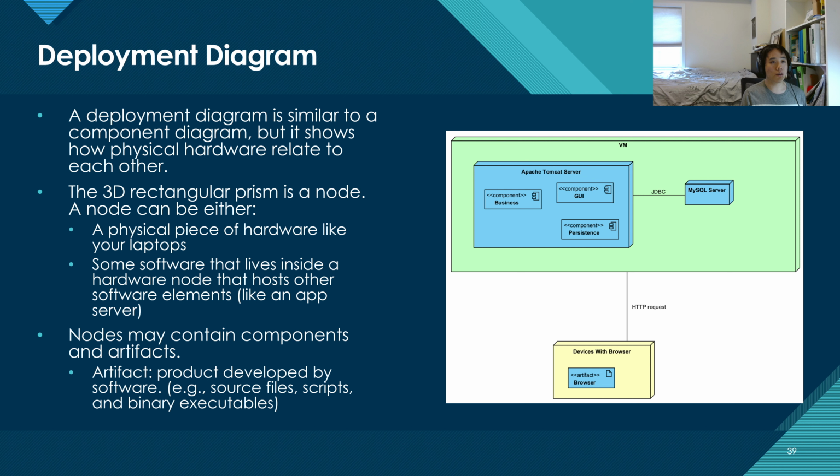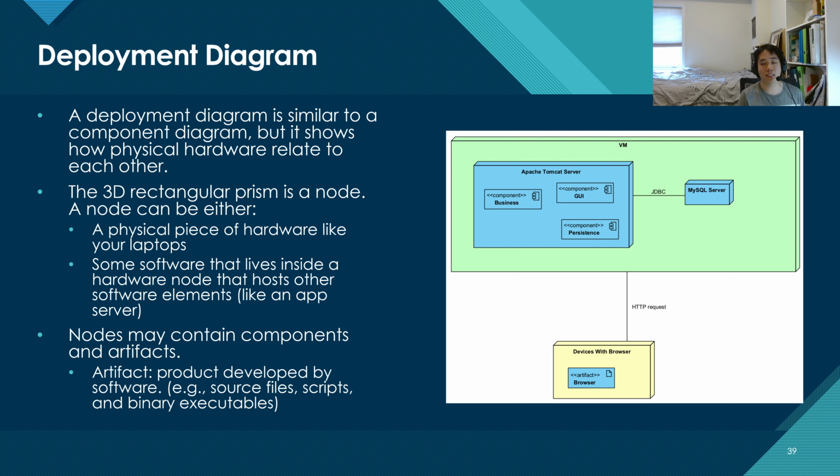Okay, so whenever you deal with deployment diagrams, oh, VM is a virtual machine. Yeah, the green box, yes. It's called a virtual machine. If you have worked with VMware, or if you have heard of DigitalOcean, you can make virtual machines that host your apps like backend and frontend.